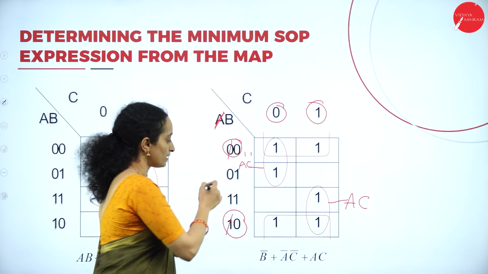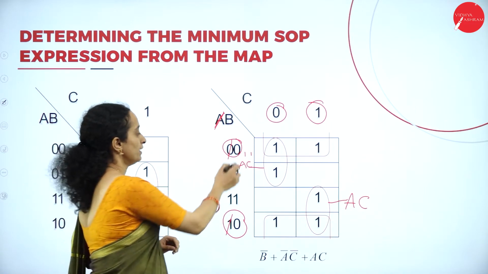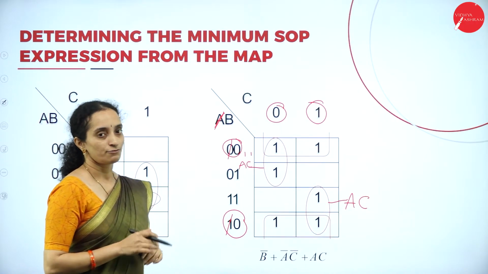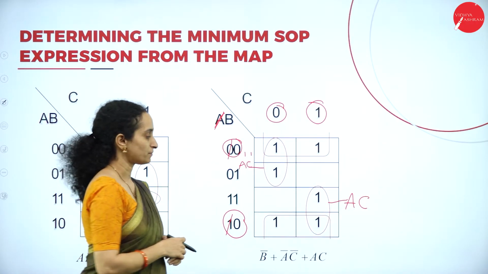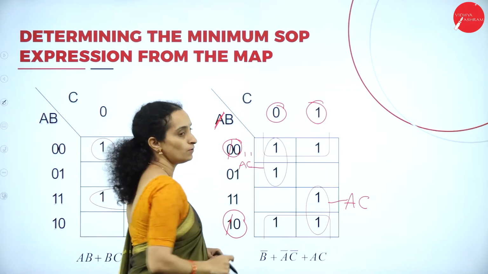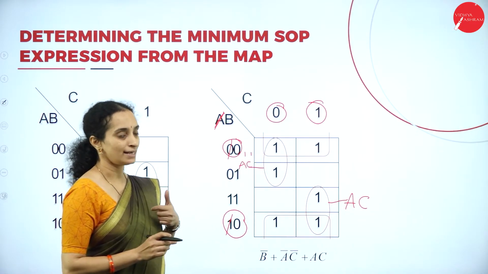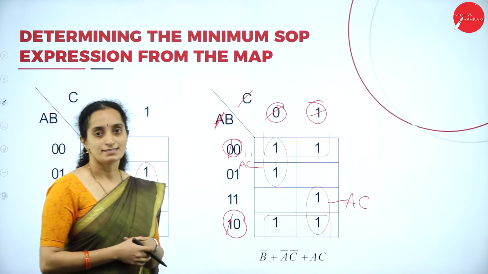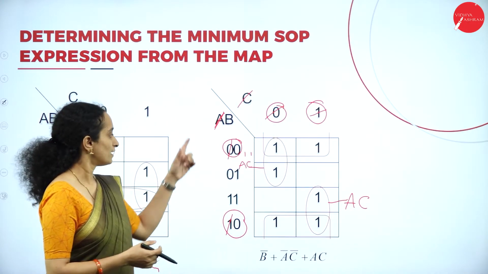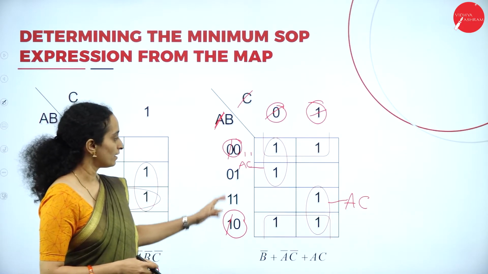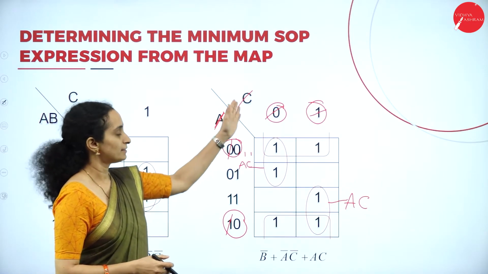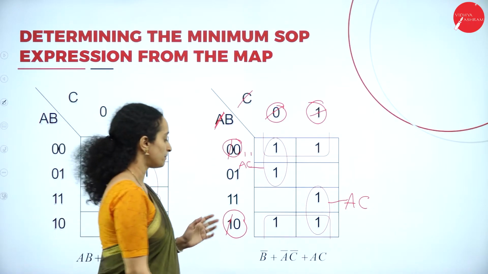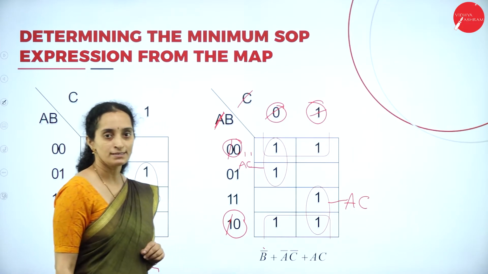Next, if you check with the value B, B is having only complement form. Therefore, B will be kept. When you look at these two, they are having complement and non-complement form. The C will be cancelled. What remains, with A cancelled and C cancelled, is the variable B in the complement form.